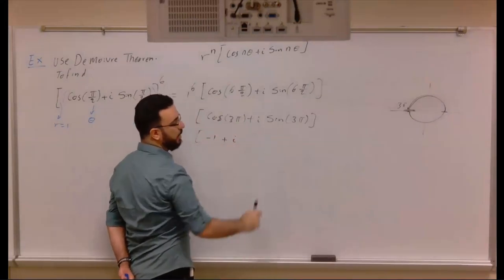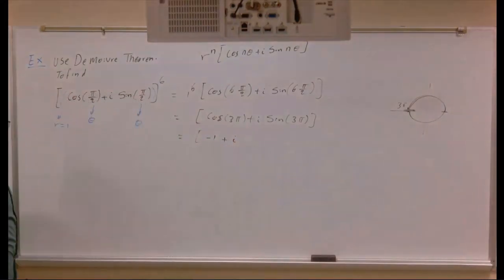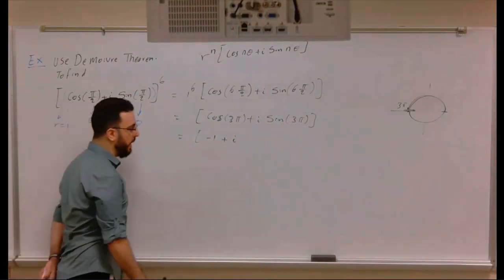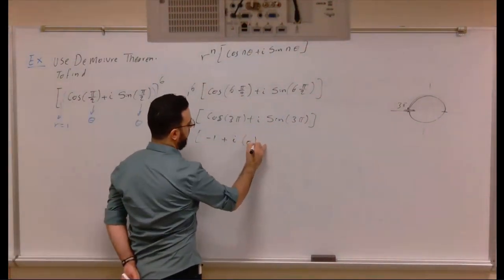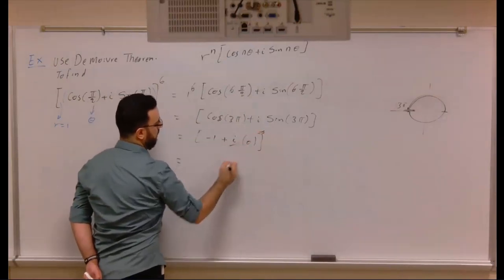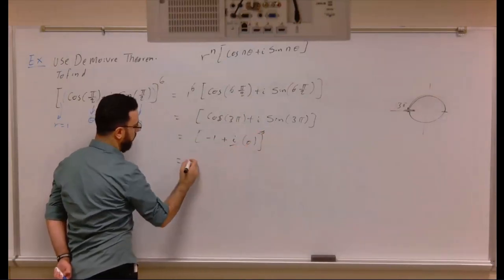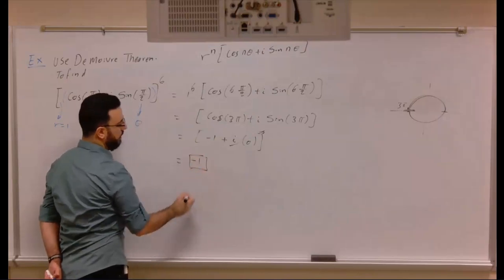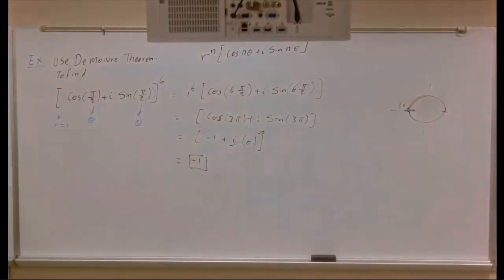What's the sine 3 pi? Someone says 0. So this is cancelled because i times 0 is going to be 0. So the result is going to be -1. This is still a complex number.